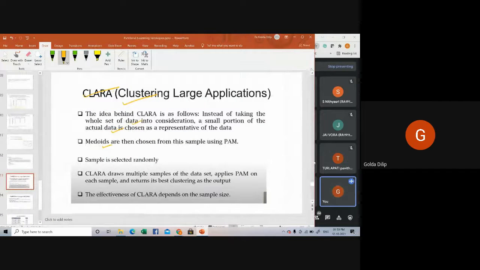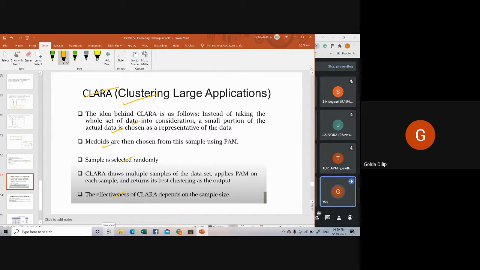The sample is selected randomly. CLARA draws multiple samples of the data set, applies PAM on each sample, and returns its best clustering as the output. Again, the effectiveness of CLARA depends on the sample size. So that's what the CLARA technique is all about.